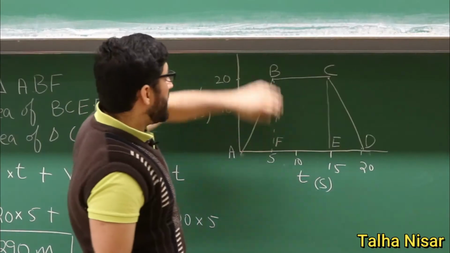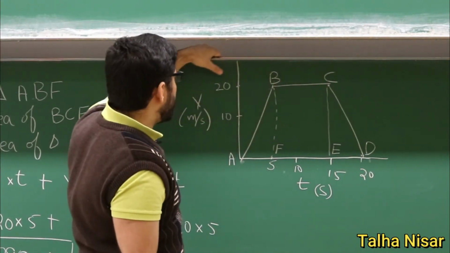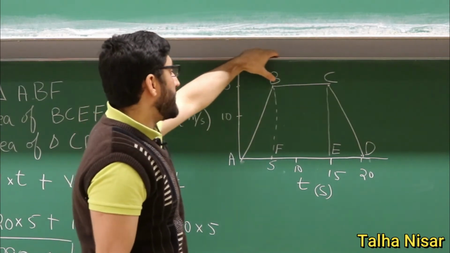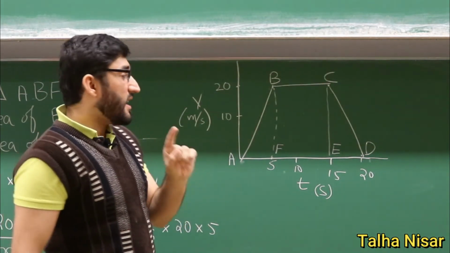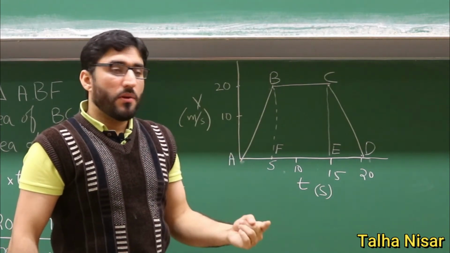Between the points B and C, the velocity remains the same, it's not changing. If the velocity is not changing, the change in velocity is 0, which means the acceleration is 0.